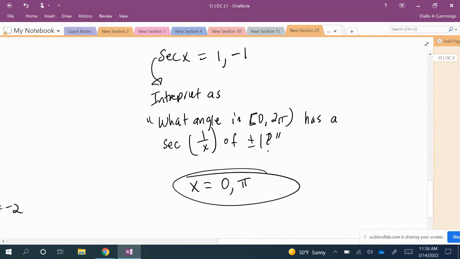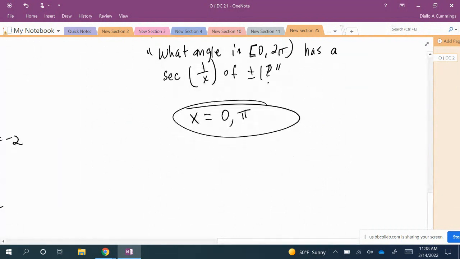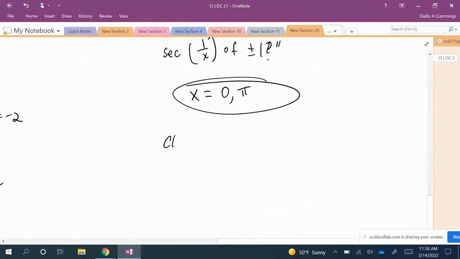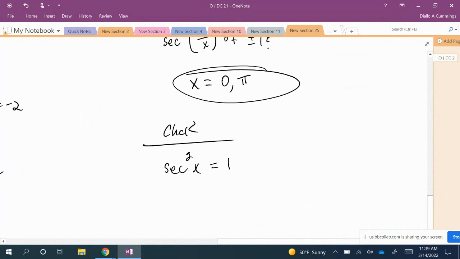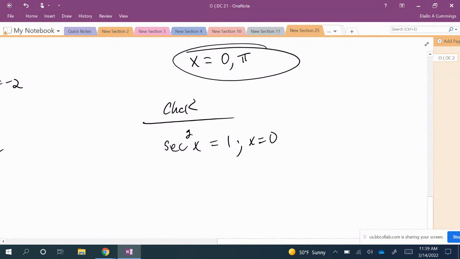All right. So now here again, we can check. So here's the check. We go back to our original equation, which was secant squared x is equal to 1. We can only substitute one value at a time. So here we're going to evaluate at 0.